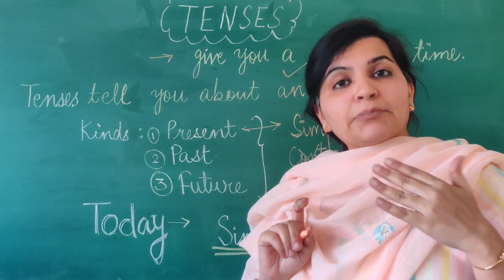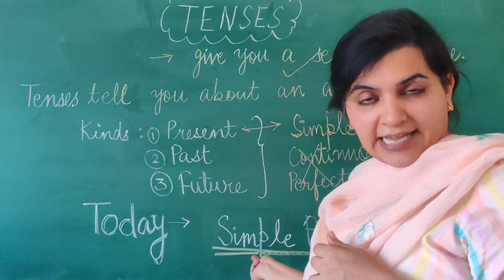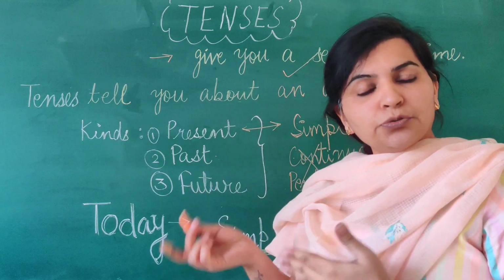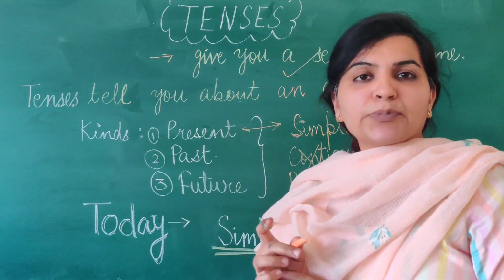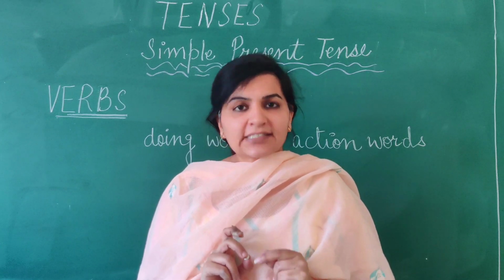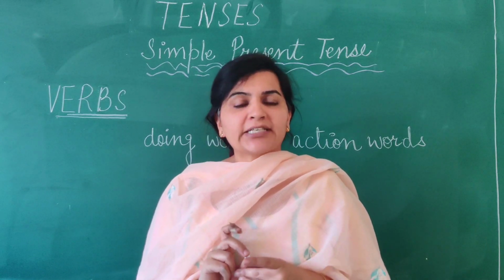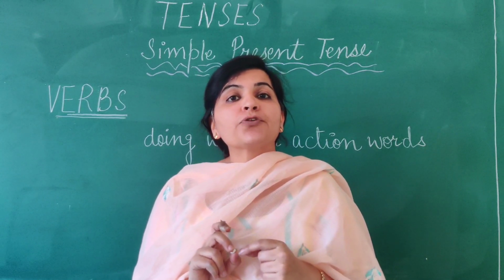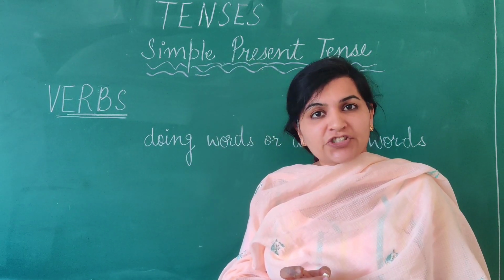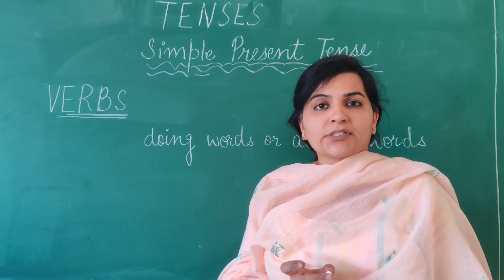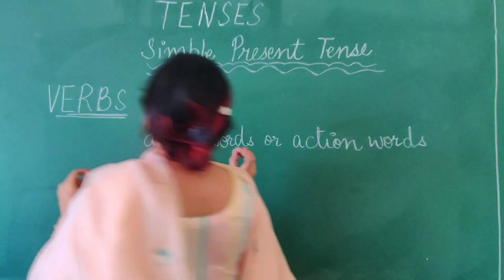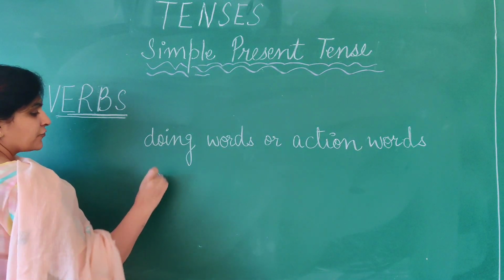Alright. I am going to explain simple present tense and its usage, and we'll do some examples for the same. Pay attention, children. To do well in tenses and understand them better, you need to have your verbs strong. Verbs that are used in tenses have three forms. Let me write those three forms. First is present form.